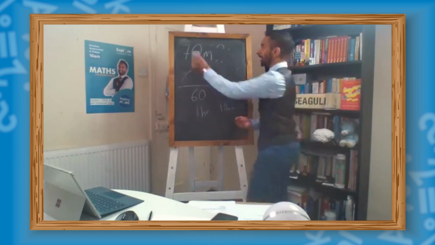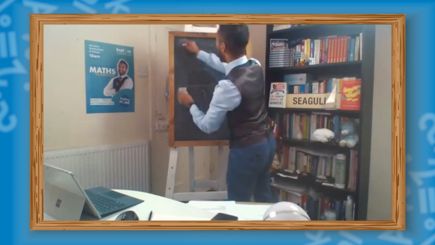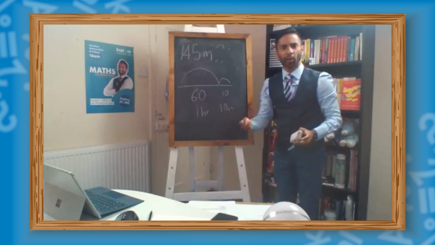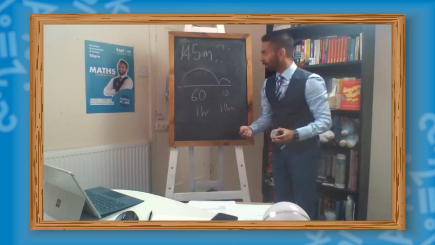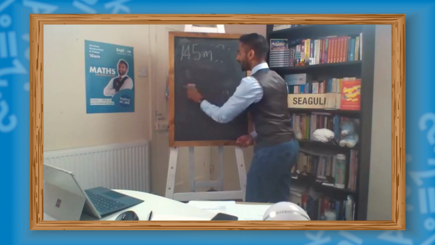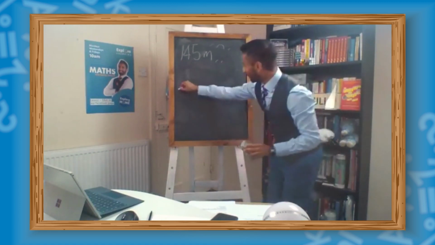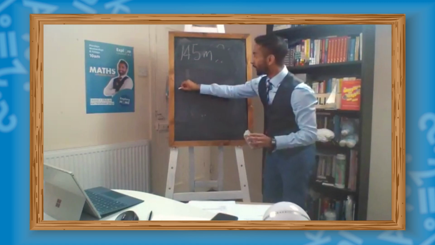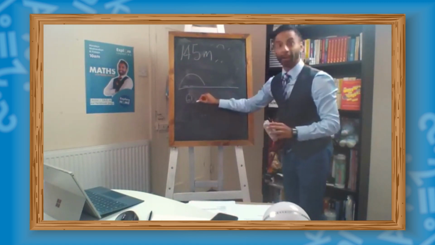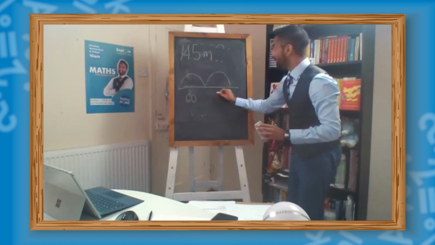Secondly, what about if we change the time to, let's say, 145 minutes? How long is that in hours? And what I do again, boys and girls, is I'll set a timeline. On the timeline, we count in 60 minutes. We count again, another 60 minutes.